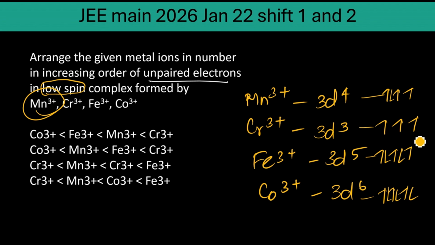So totally, how can we write it? The answer becomes cobalt 3+ will have the least, then comes Fe, then comes manganese 3+, and then chromium 3+. Okay.